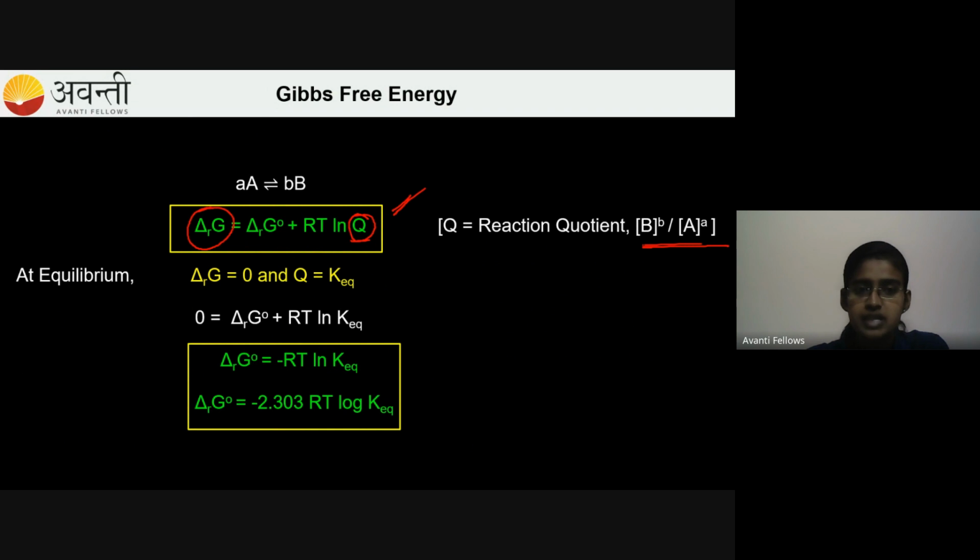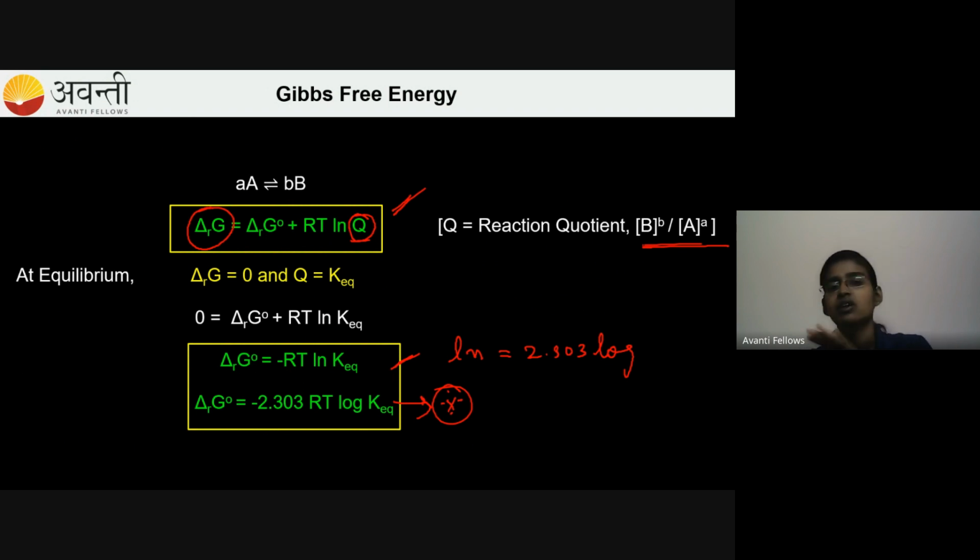So if I replace that, I will get this equation. And if I want to convert ln to log, I have to multiply by the number 2.303. So minus delta G_R naught is equal to minus 2.303 RT log of K_eq. This is one of the very important formulas which we will use to find the equilibrium constant using delta G_R naught.